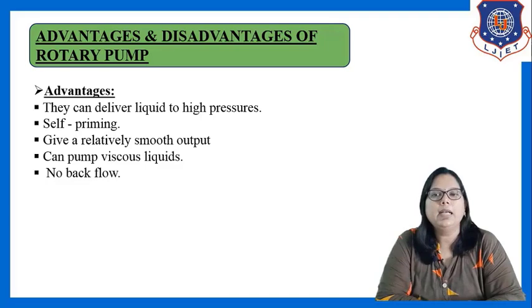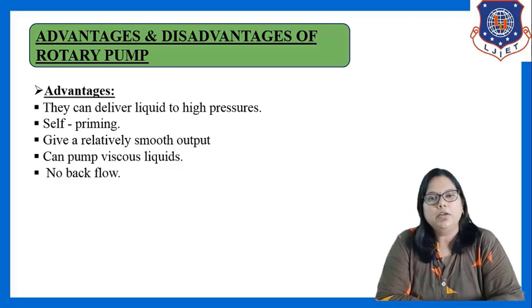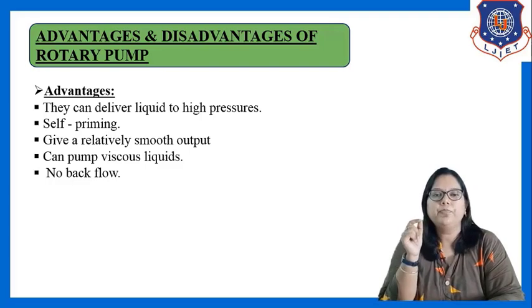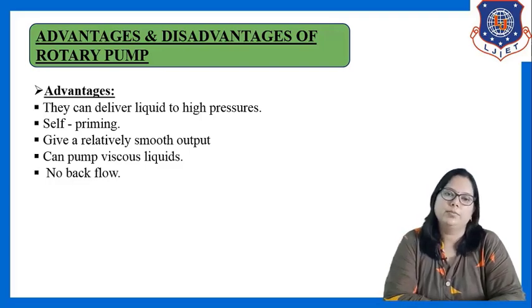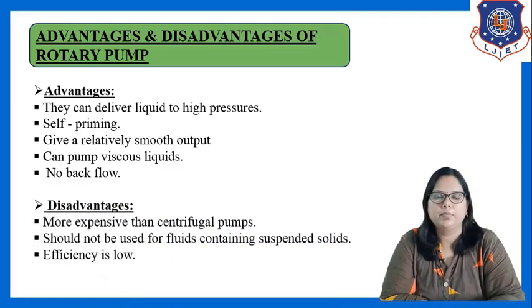Rotary pump gives relatively smooth output compared to centrifugal pump. Again, rotary pump can pump viscous liquid. That is the advantage of the rotary pump. And in rotary pump, there is no backflow. So these are the advantages of rotary pump.